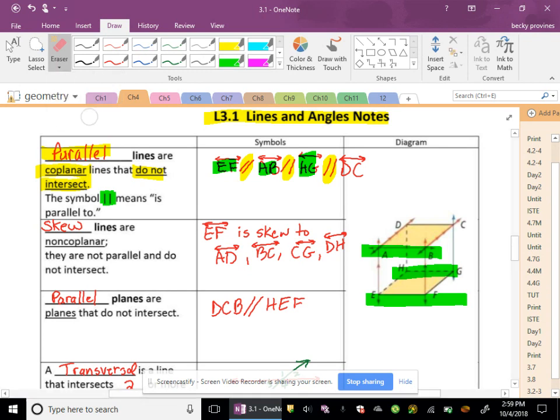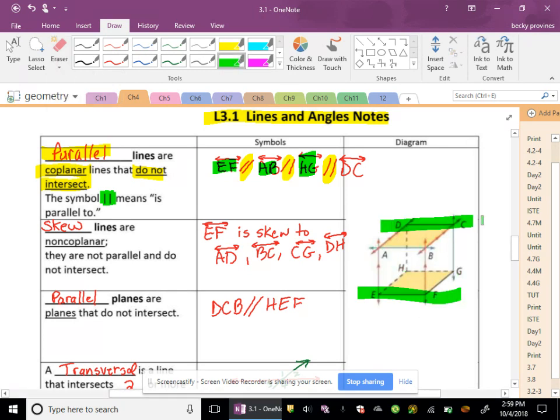So let's go back and look at this picture. How is this one and this one in the same plane? Because the definition says the lines are coplanar. Now, when you first look at the two lines, do they appear to be in the same plane? Remember, there are planes here that aren't necessarily drawn. So imagine this is a cube of cheese.